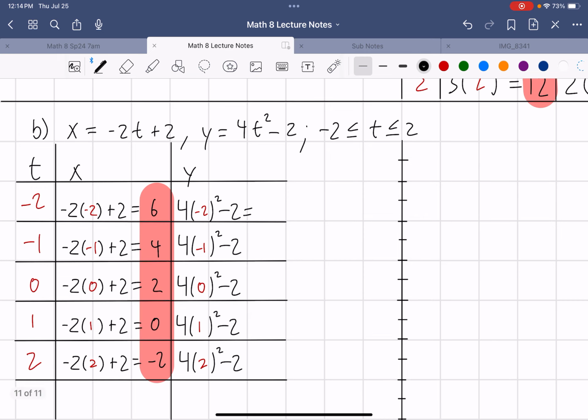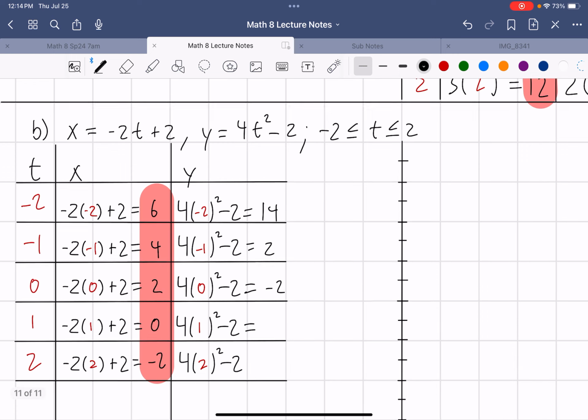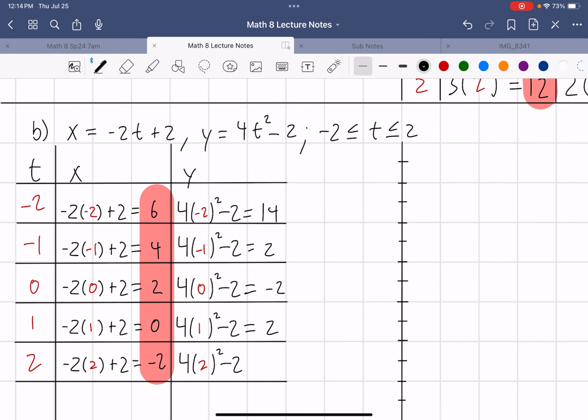So here, -2 squared is 4, positive 4 times 4 is 16, minus 2 is 14. If you want, you can pause and do these calculations, but for the sake of time, I'm just going to input all the values. This is just arithmetic. But once again, -1 squared is 1, times 4 is 4, minus 2 is 2. And now I have all my y values.